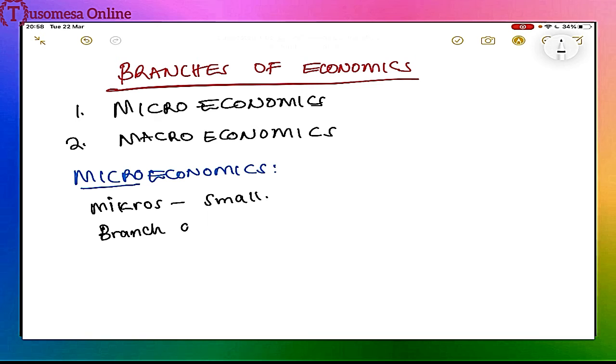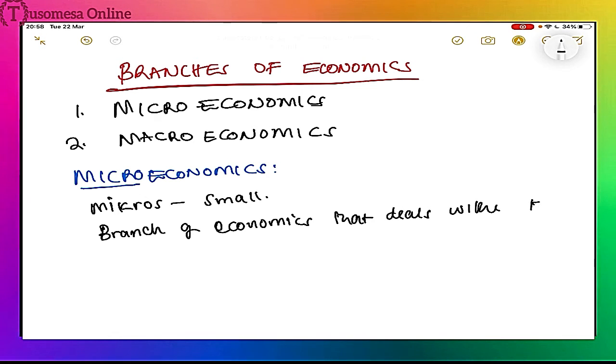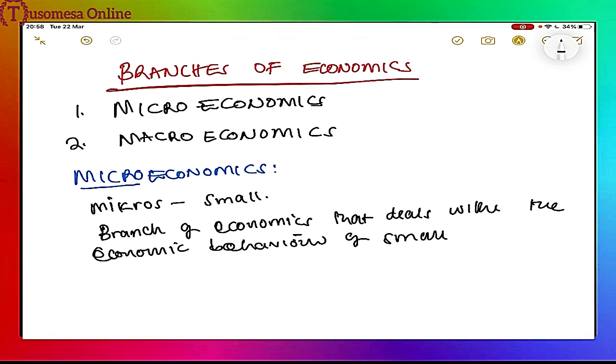We can define it as a branch of economics that deals with the economic behavior of small units in an economy.